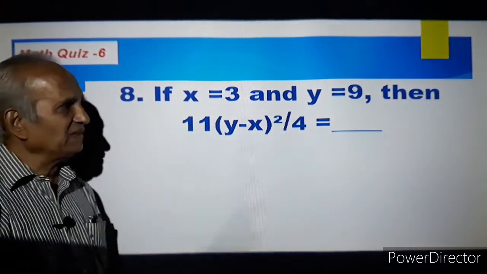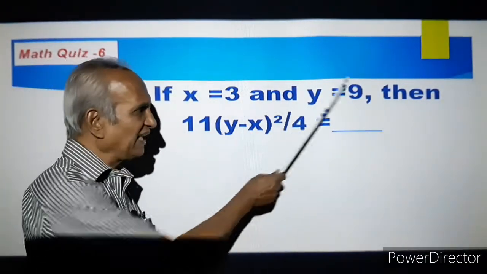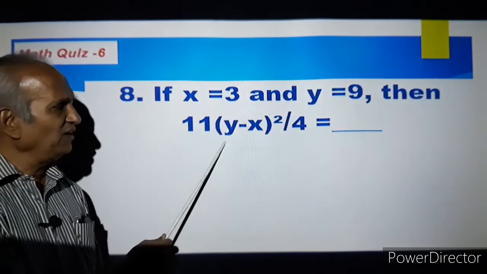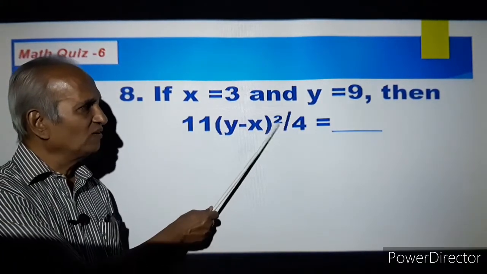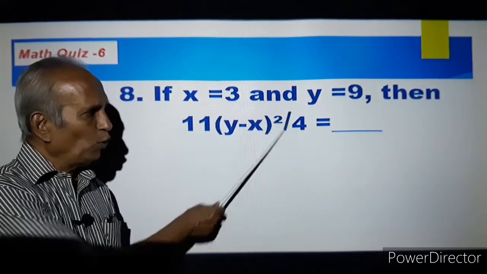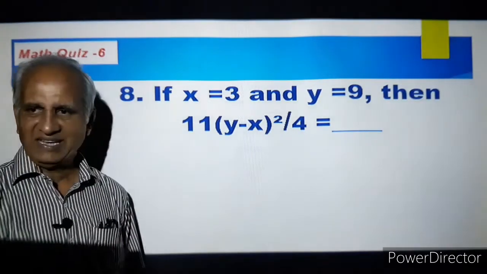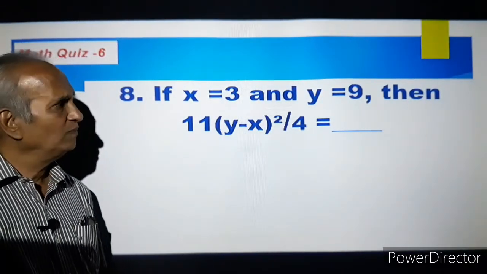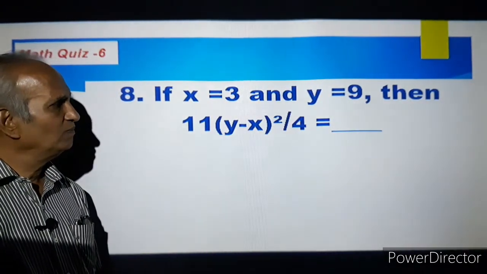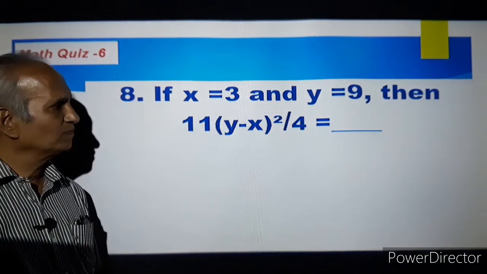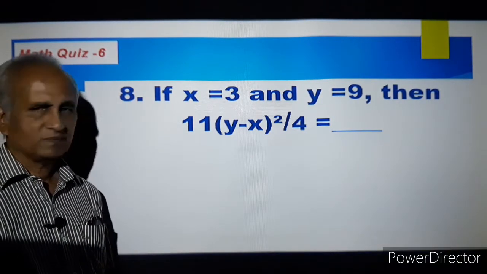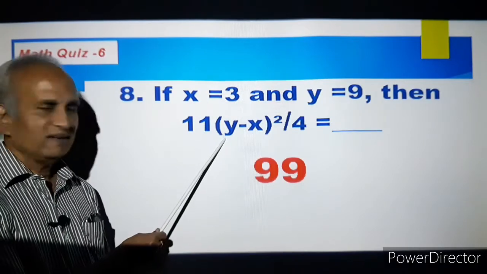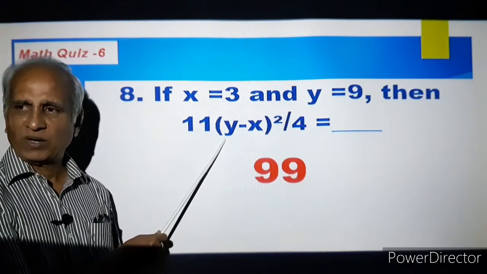If x is 3 and y is 9, then 11 into (y minus x) squared over 4 is... Start substituting and work out.